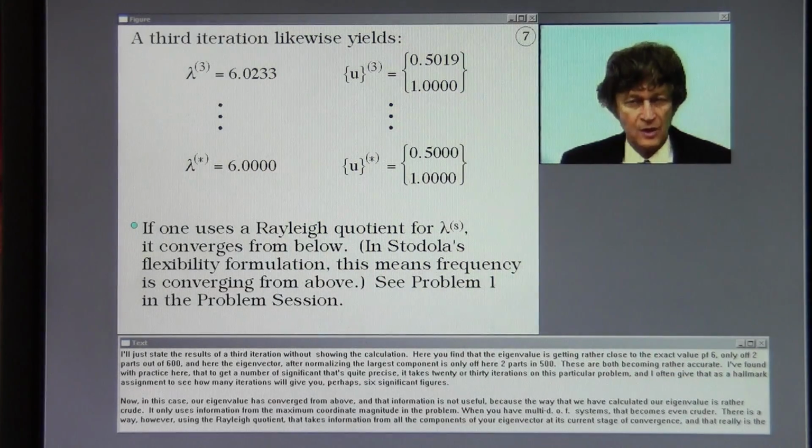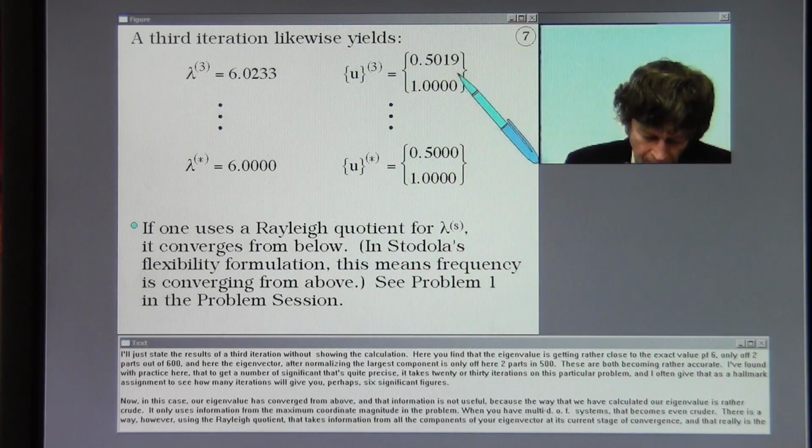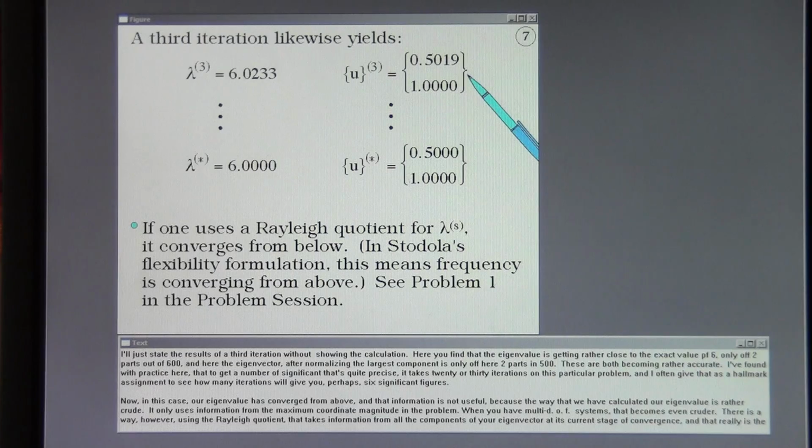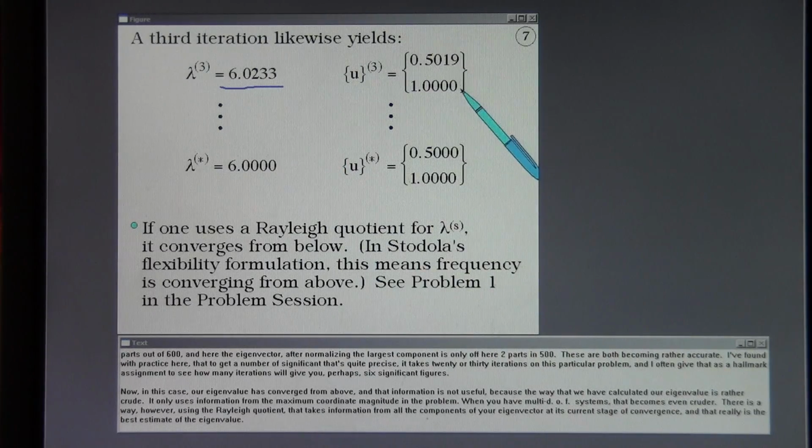I'll just state the results for a third iteration without showing the calculation. And here you find that the eigenvalue is getting rather close to the exact value of 6, only off 2 parts out of 600. And here the eigenvector, after normalizing the largest component, is only off roughly 2 parts in 500.